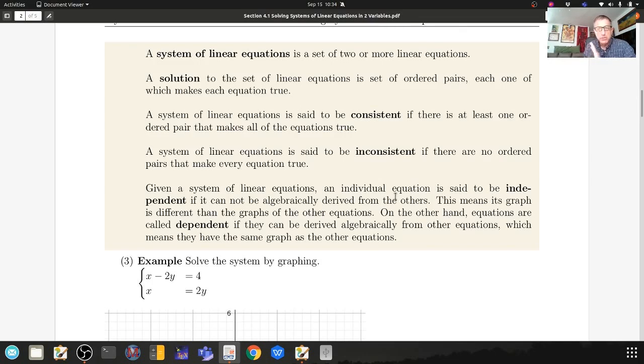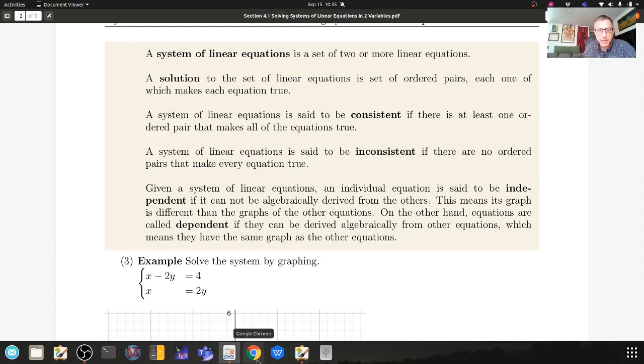So if you look at one linear equation and you graph it, and then you look at the other and you graph it, and they're two different lines, then those individual equations are independent. On the other hand, equations are called dependent if they can be derived algebraically from other equations, and we've been doing that quite a bit. You may not realize it. And visually, that means they have the exact same graph.